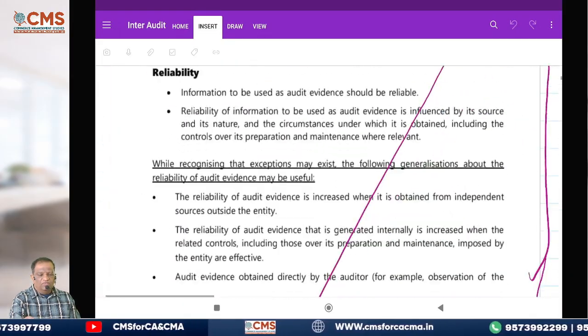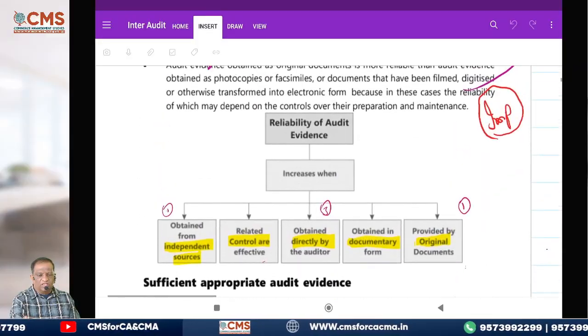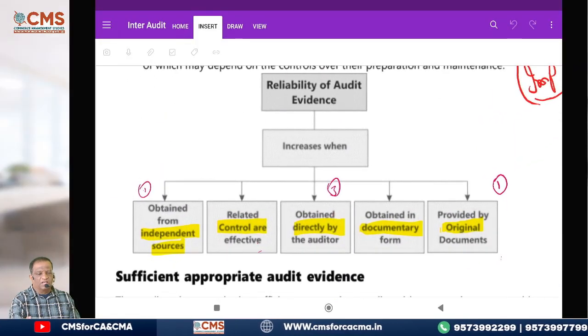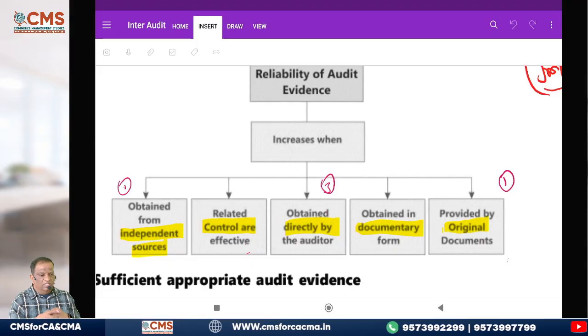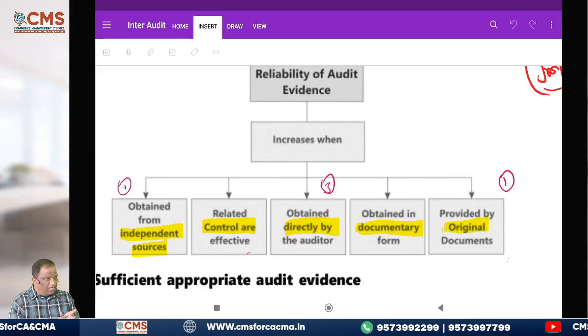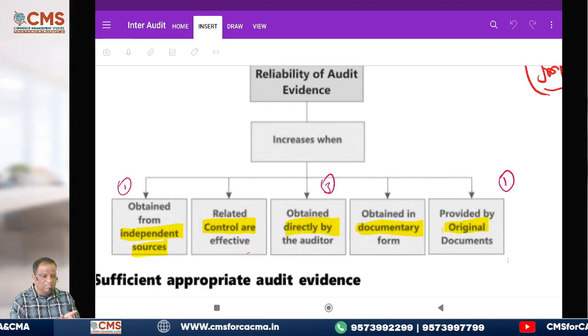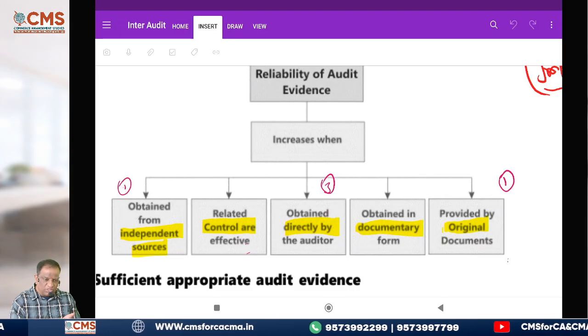Then another important concept: reliability of audit evidence. Audit evidence becomes more reliable when it is obtained from independent sources, that is the third parties, and when controls are effective.